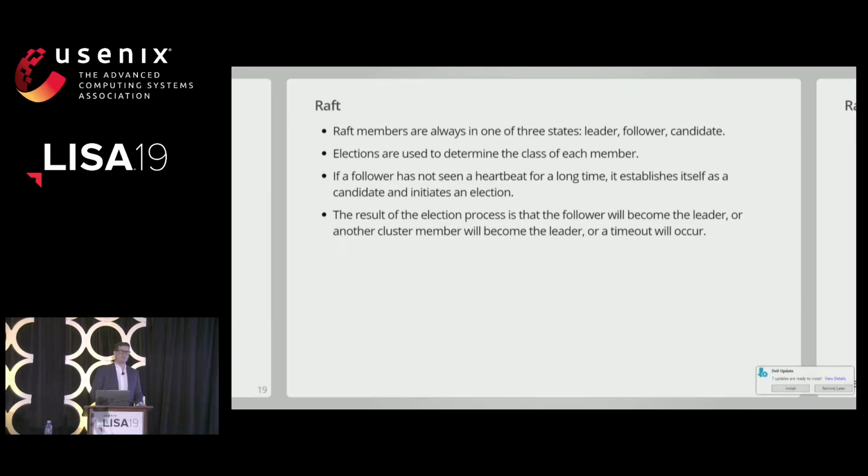You will establish yourself as an election candidate and initiate an election. You'll try to become the leader. The election process will result in a follower becoming a leader or another cluster member becoming the leader. And in the worst case, a timeout will occur, and then you'll go through the whole process over and again, hopefully establishing some sort of coherency.